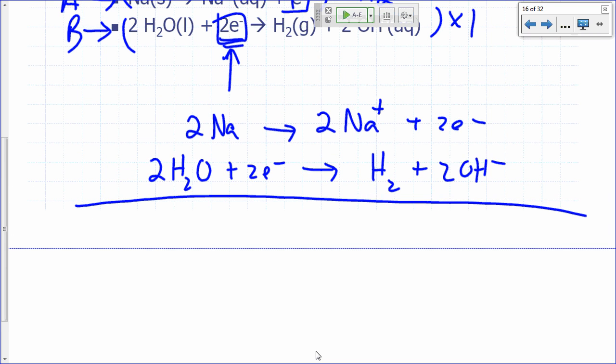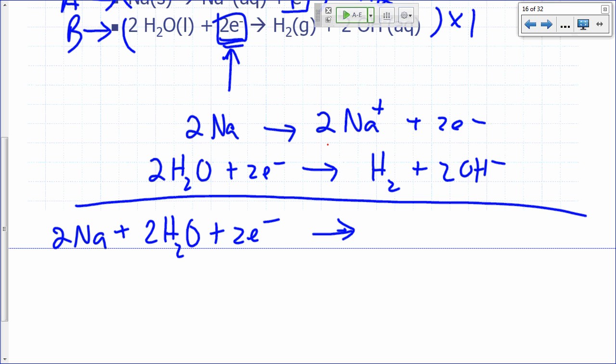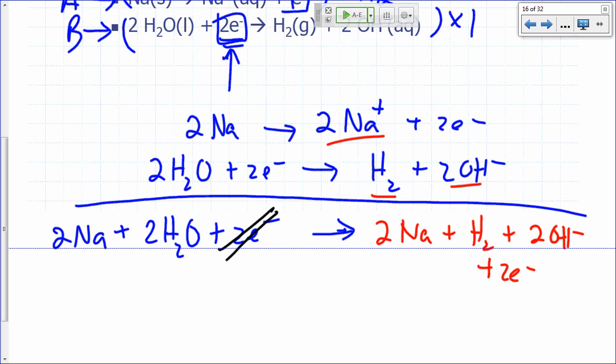What do I get? 2 sodiums plus 2 waters plus 2 electrons on the left. And on the right, I have 2 Na+ plus H2 plus 2 hydroxides plus 2 electrons. Of course, your electrons will just cancel because we made sure that they cancel. So you don't even have to worry about that.